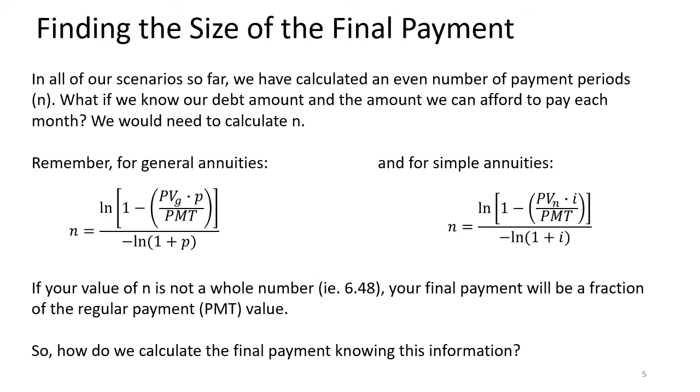In every one of our questions, the first step is going to be finding the value of n. I've shown you both these formulas because you're going to have to determine whether it's a general annuity or a simple annuity.